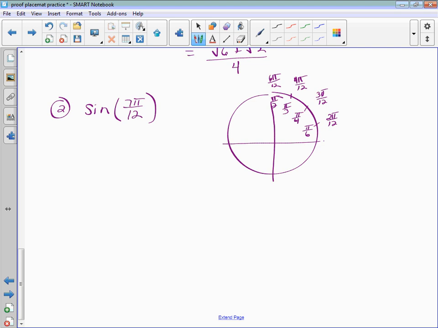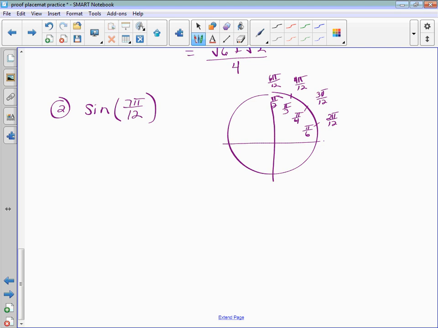I would not recommend that you do it. Why not do 3 pi over 12 plus 4 pi over 12? Always go back to stuff you actually know from the circle.